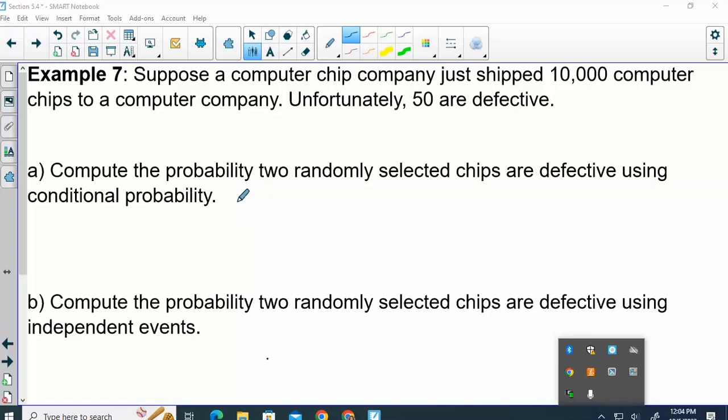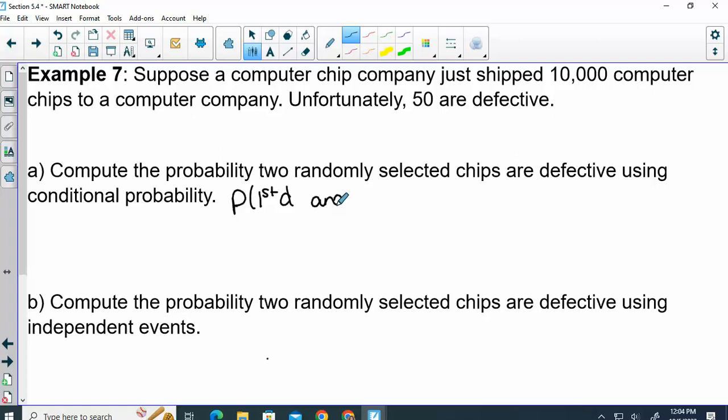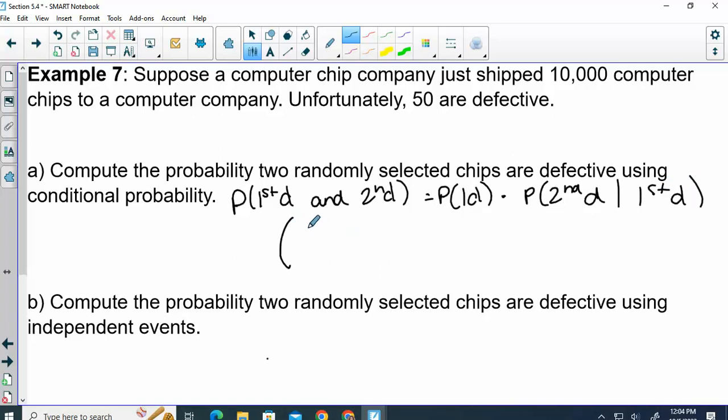Let's see. All right. So I want the probability that 2 are defective. So the first is defective and the second is defective. Okay. So we know that's the probability the first is defective times the probability the second is defective given that the first was. All right. What's the probability of the first one being defective? 50 of them. All right, 50 of them are bad out of the 10,000. All right, the conditional probability times.